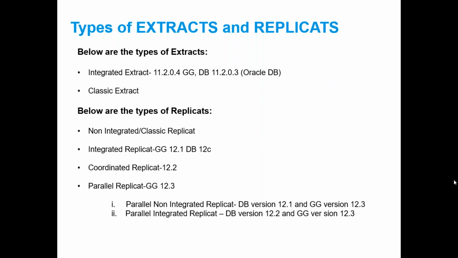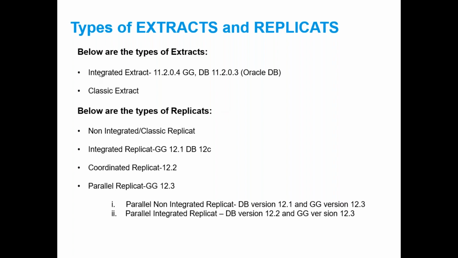The thing is, with the introduction of microservices, we have an additional architecture in GoldenGate. Now in GoldenGate, whether it is classic or microservices, you have different types of extracts available, and you have different types of replicat available.